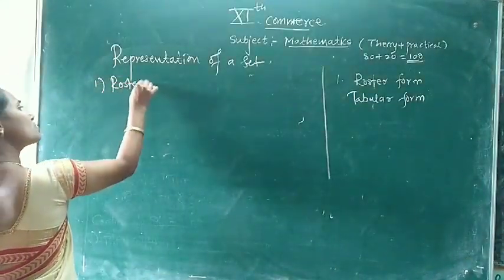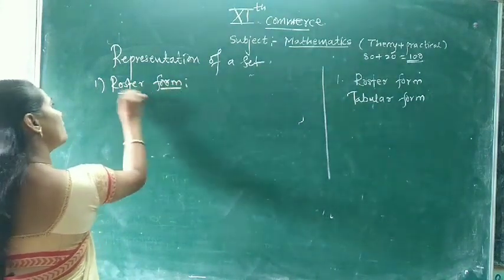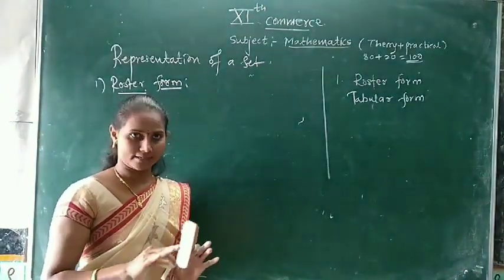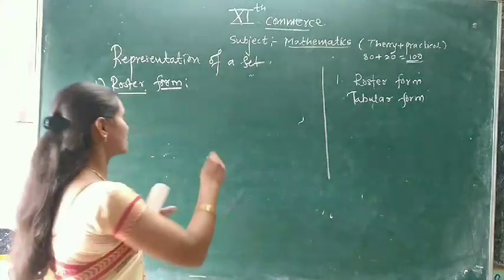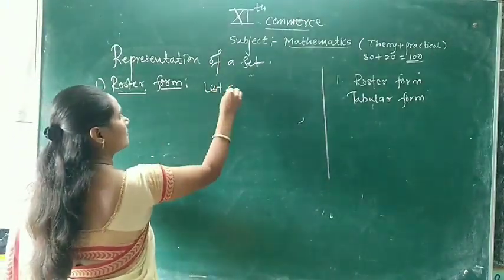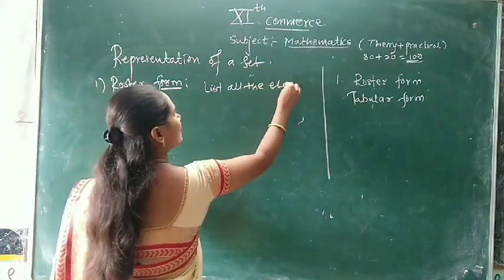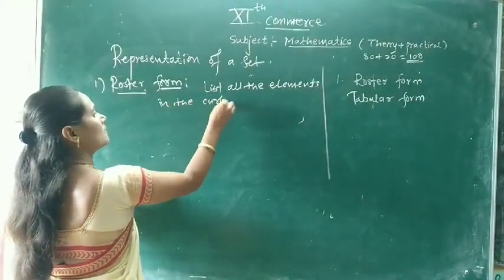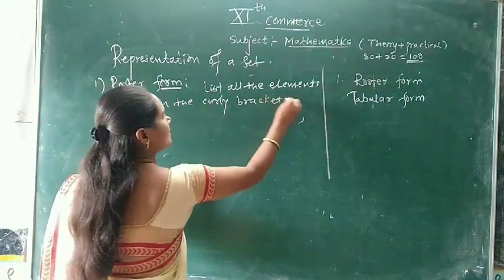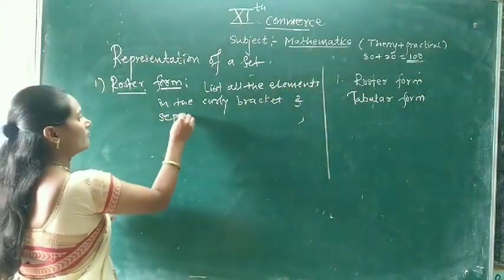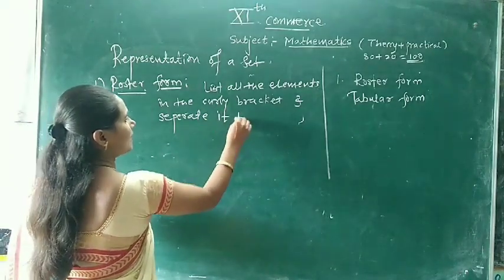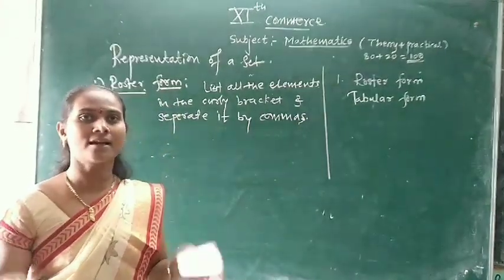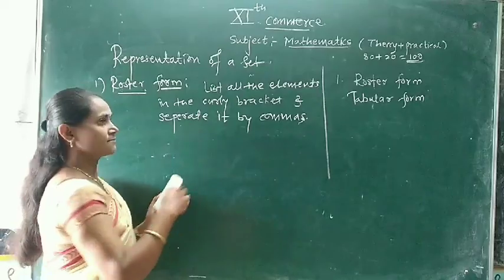So what is meant by roster form? Roster form means we list all the elements in curly brackets and separate them from each other by commas.